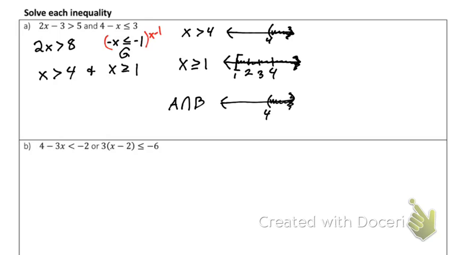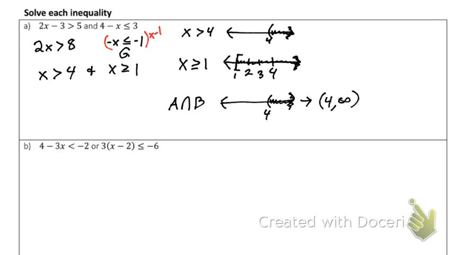And in interval notation, that would just be 4 to infinity. And it's where they overlap, right? So don't start here just because it does over here. Just make sure that they're shared in both of them. Any questions on that one?